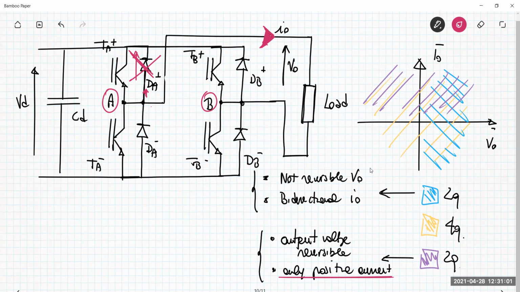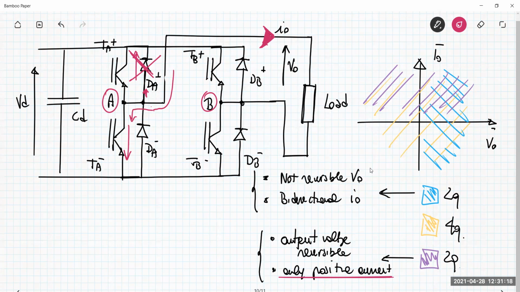What happens to the transistor TA minus? TA minus again is a device that conducts current in that direction, but this direction can only be supported when the current I naught flows in the opposite direction with respect to the positive one.